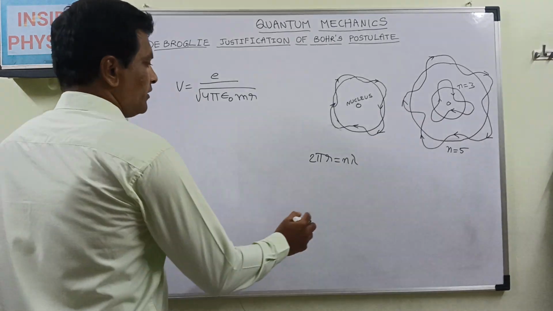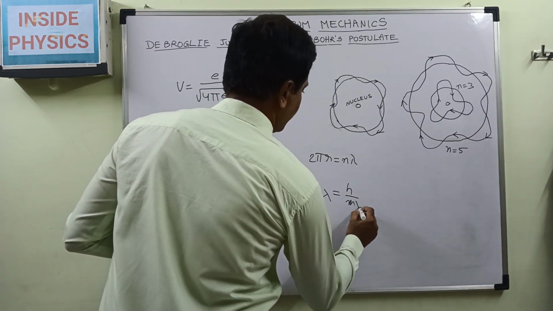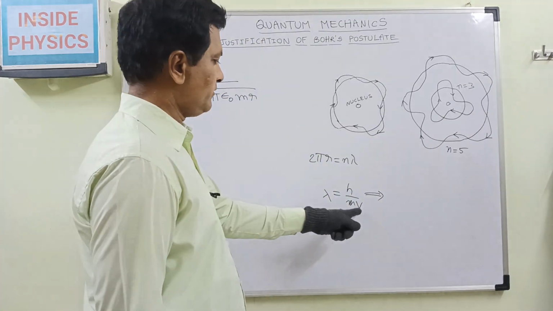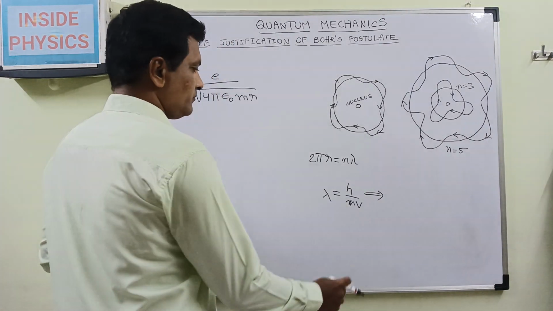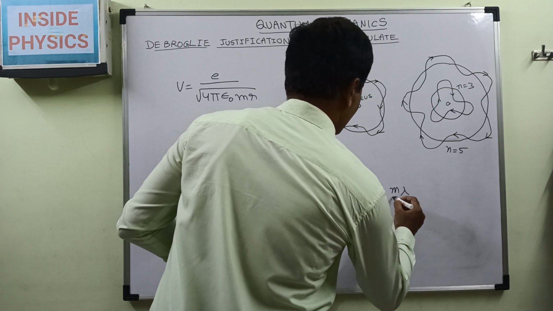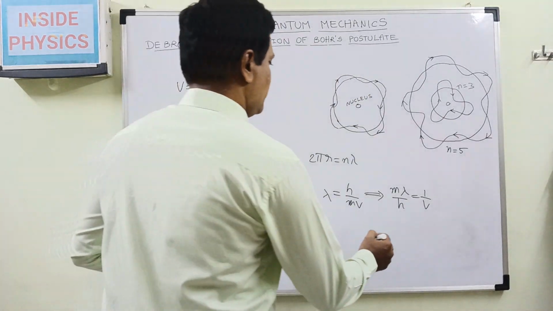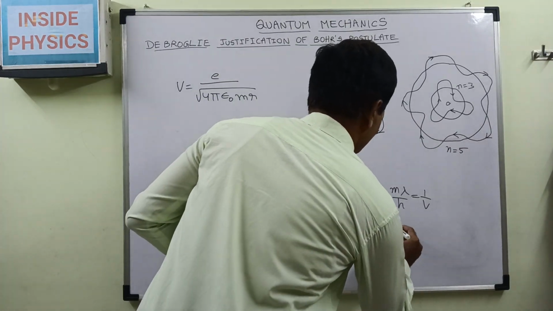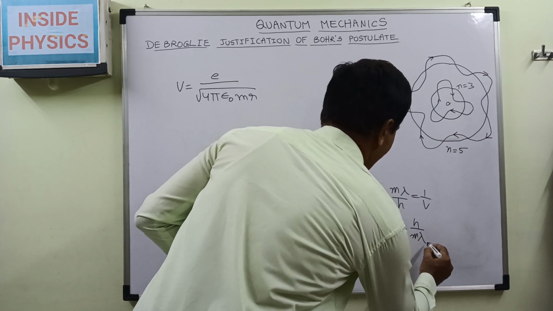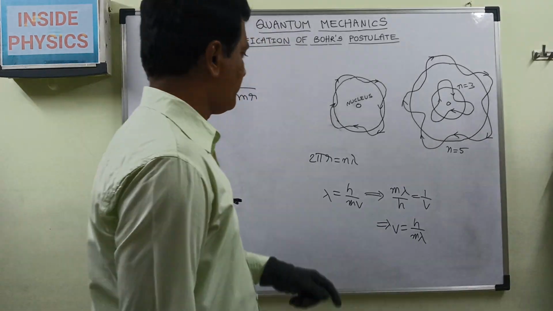From the de Broglie hypothesis, lambda is equal to h by m v. That implies v is equal to h by m lambda.